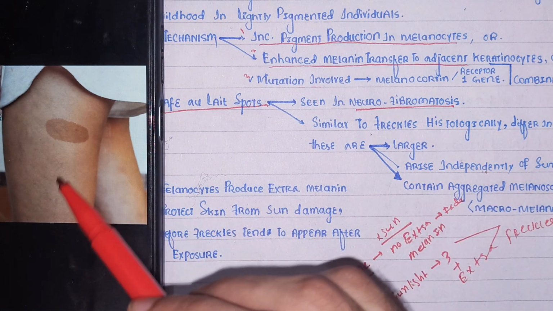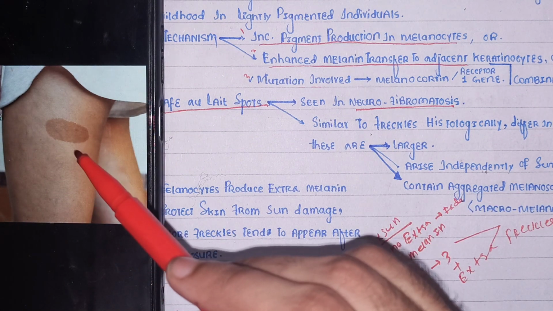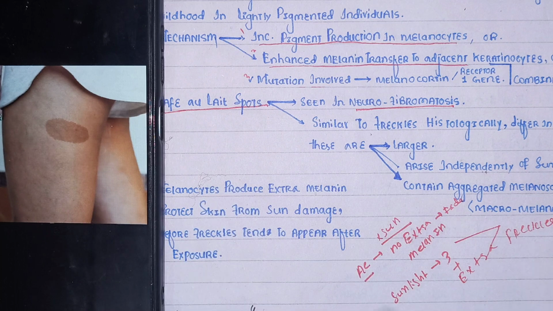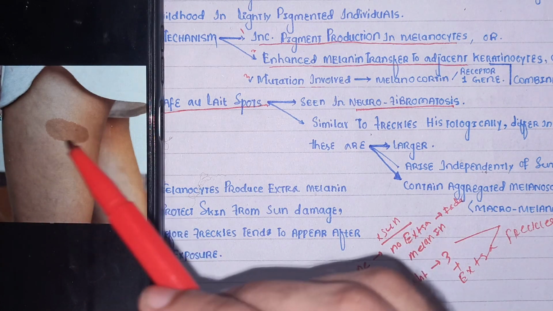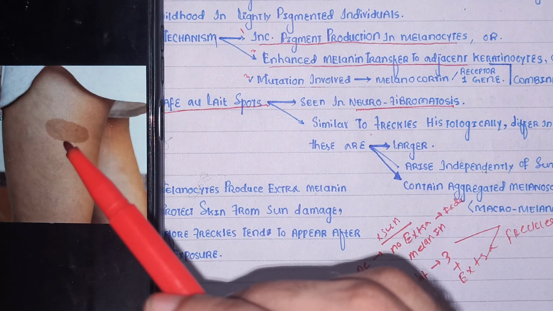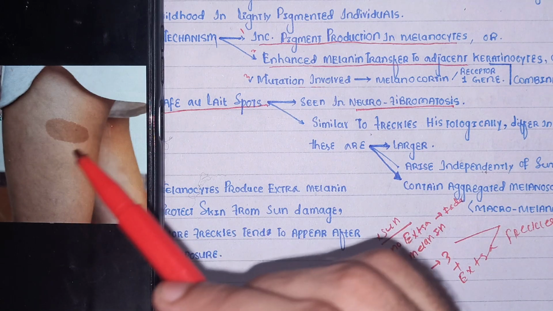And by the way, it appears independent of sun exposure. Okay, the lesion of the freckles I mentioned to you, when you are exposed to sunlight, the freckles, the macules become very much prominent. Okay, but these are cafe au lait spots. They are very much similar to freckles, but the difference is they are a little larger.